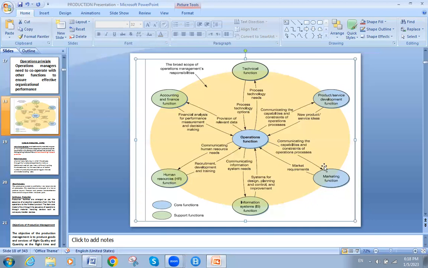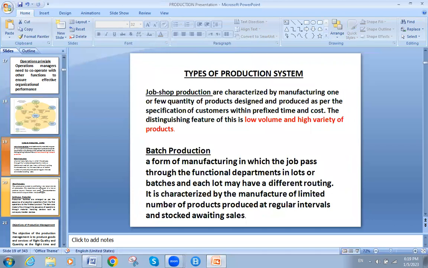For example, marketing will tell me the specifications of the product which the consumer wants, and this will be directed to the operation or production department to produce the product which the market wants.